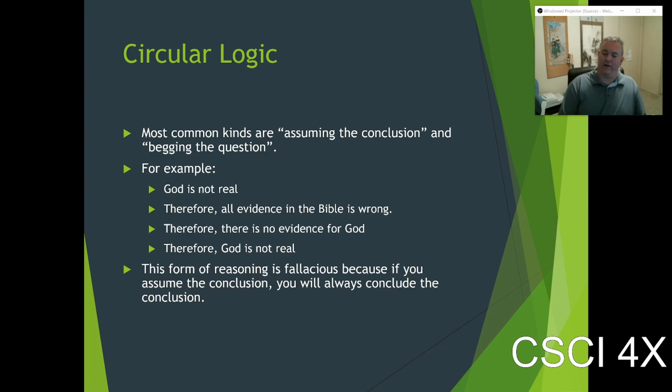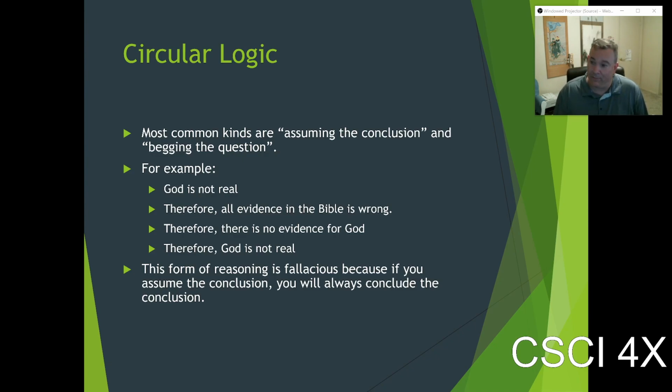Okay, so circular logic. Circular logic comes about when you assume something to be true and use that to conclude that that thing is true. For example, if you assume that God is not real, then you can deduce from that fact that all the evidence in the Bible is wrong, right? Because if God's not real, then every single example in the Bible of God dropping a meteor on Sodom and Gomorrah, or turning the sea to blood, all those are wrong.